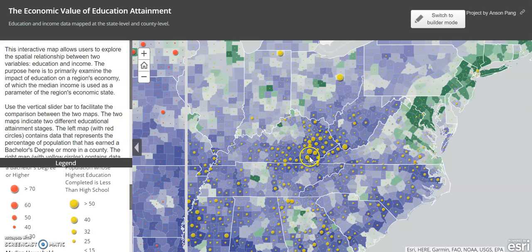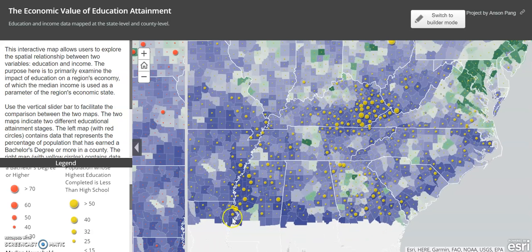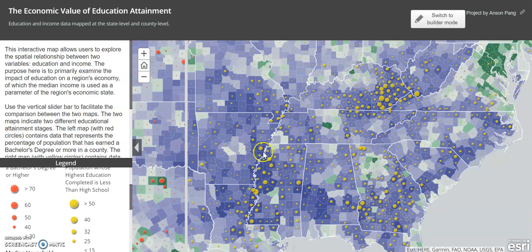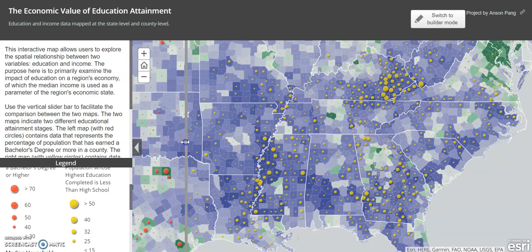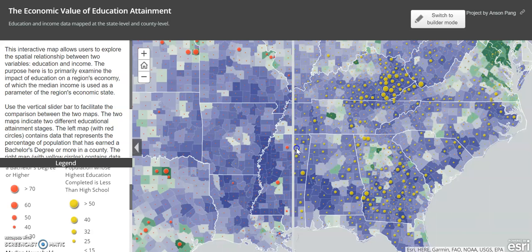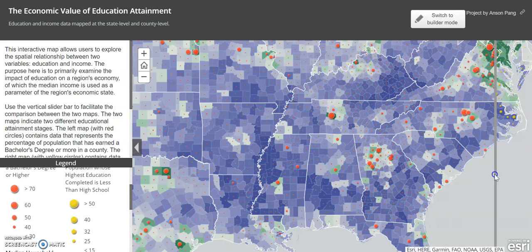The polygons are the same to standardize economic metrics, and we can see the largest yellow circles are lying on top of purple polygons, and this again supports the correlation that is mentioned previously. Each map is really strong on its own, I think, but the slider definitely further supports the data and argument when you see the data side by side.